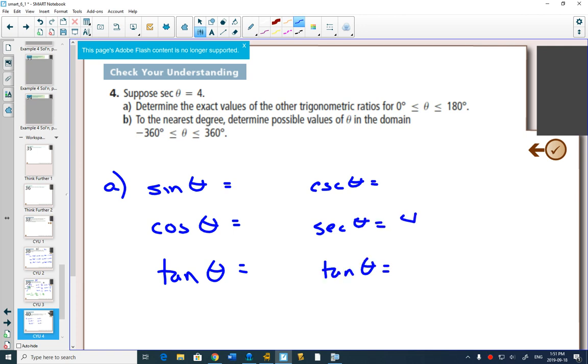And they tell us already secant of theta is equal to 4. So there's one that we can find right away. Of all those 6, there's one that is the easiest to find right away. Cos. If secant of theta is 4, cos of theta is 1 over 4.